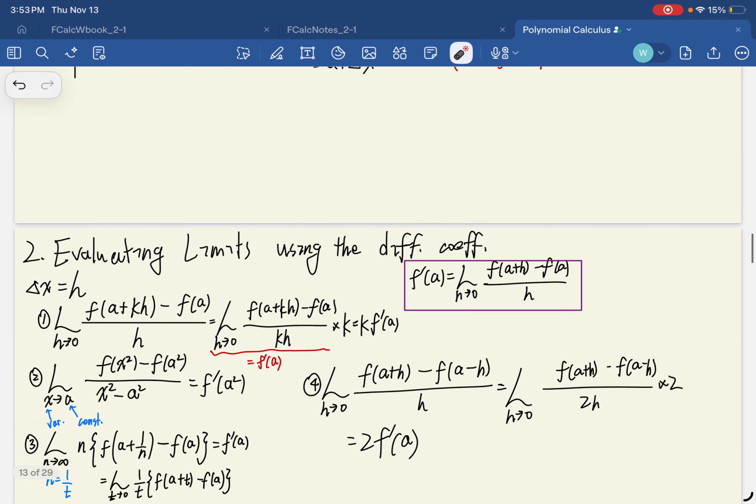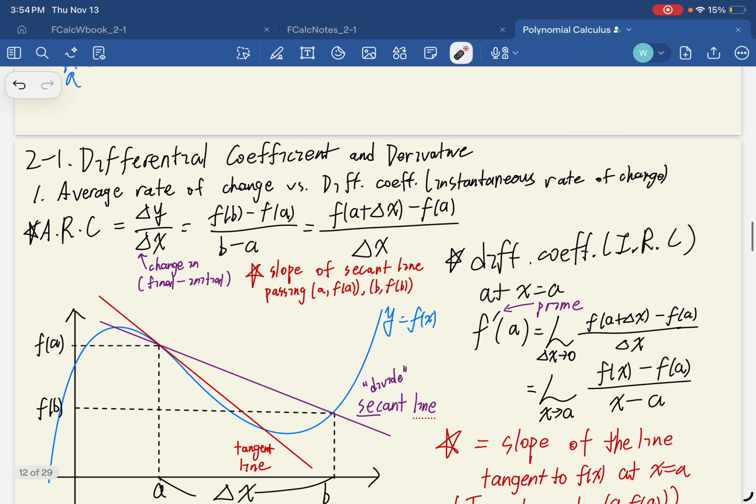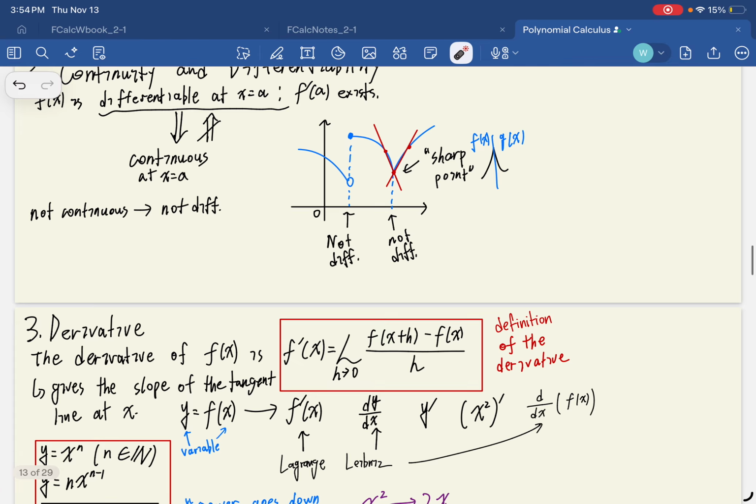So instead of x equals a, it's going to be whatever x that you choose. The reason that we don't use this particular type of limit for this is that it gets confusing where x is sliding over to x. You can't use the same variable twice. So we usually use this as our definition.